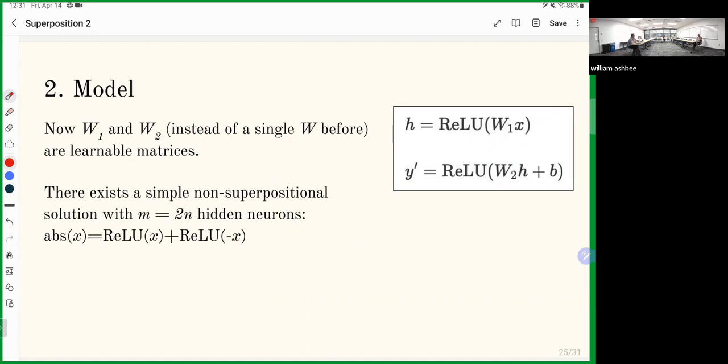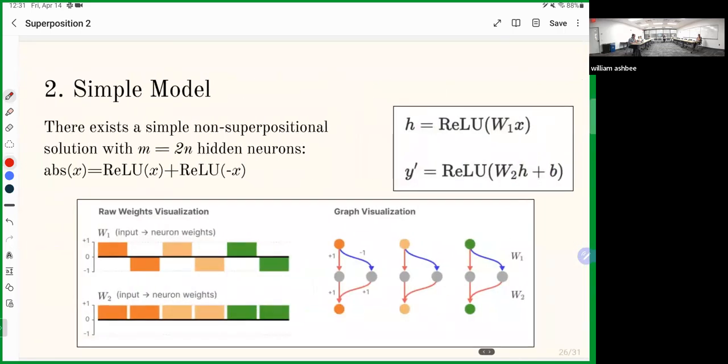If we assume that the hidden dimension is 2 times the size of the original feature dimension, we can learn the absolute modulus function that way. It requires 2 times the features in the hidden space, and the weights of the learned W1 and W2 are fairly simple. They correspond to what we see here.